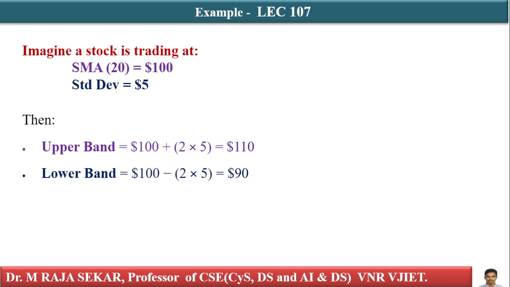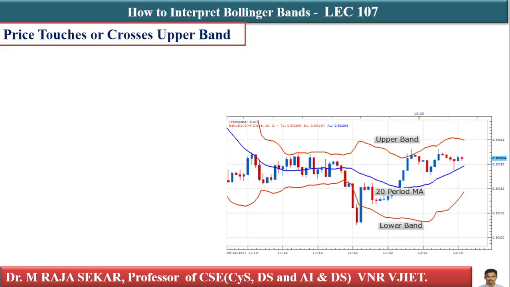What does it mean? If the price moves to $111, it is above the upper band and it could be overbought. If it drops to $88, it's below the lower band and it might be oversold. How to interpret Bollinger Bands?